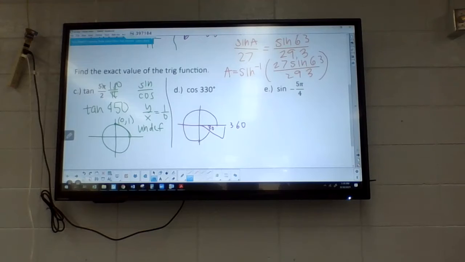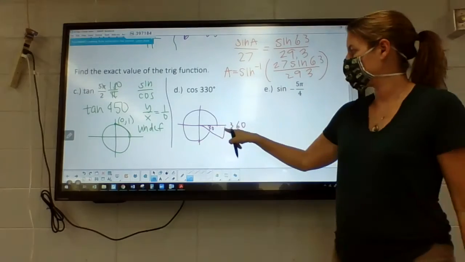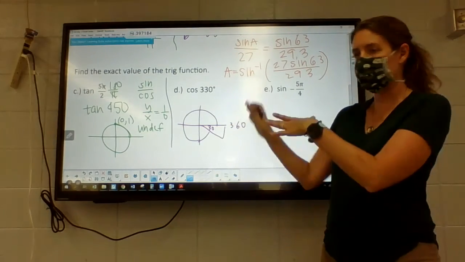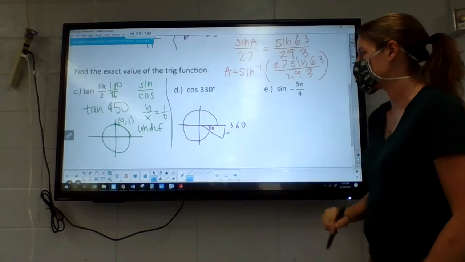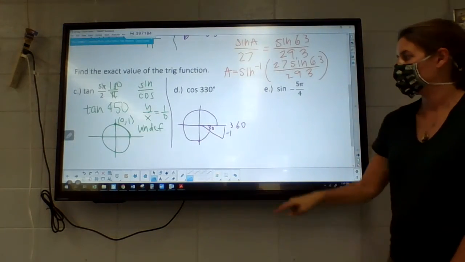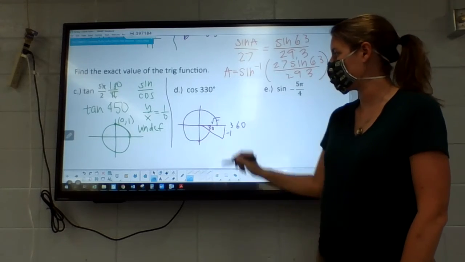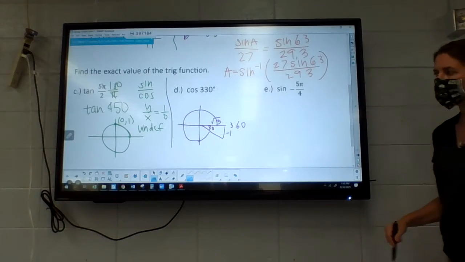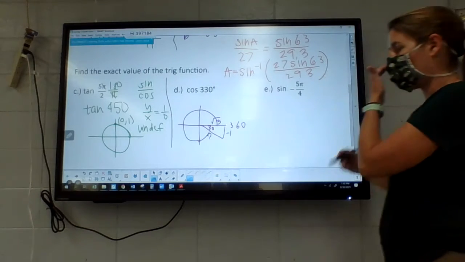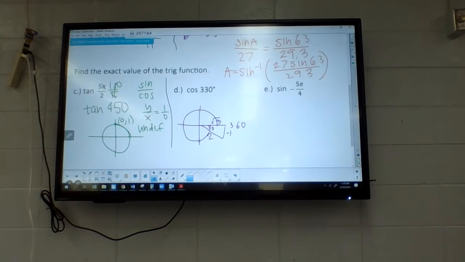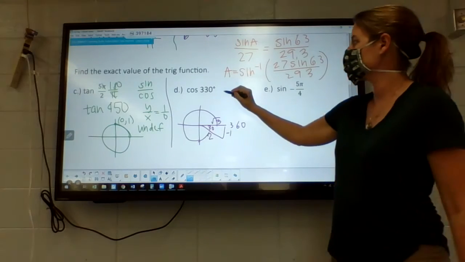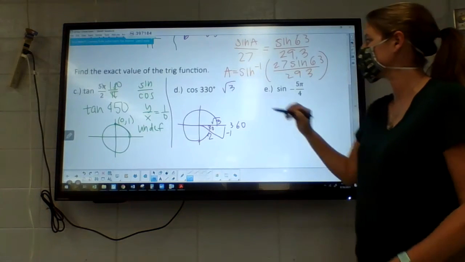So when I go to set this up, my 1 is actually this opposite. I go down 1 because that's the short side. So that's going to be a negative 1 because I'm going down. I'm going out to the right, square root of 3, but that's positive. And the hypotenuse is always positive, and that's going to be 2 in any 30, 60, 90. So if I want to do the cosine, that's adjacent over hypotenuse. So that's just going to be square root of 3 over 2.